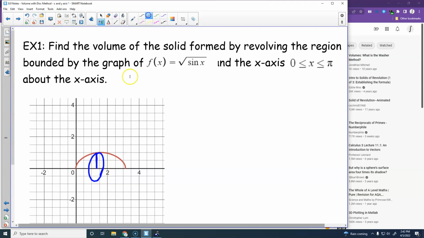So this piece right here, what we've been calling a lot of times our S for the other problems, this is going to be the radius of all of those circles that are created whenever you rotate it.